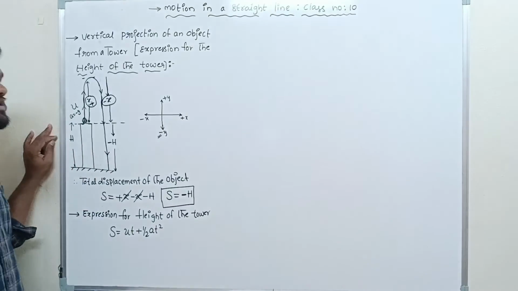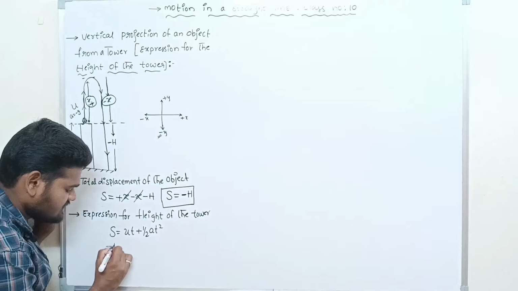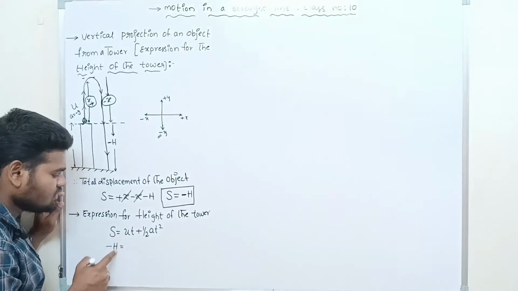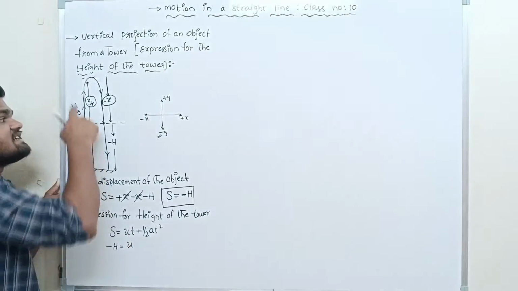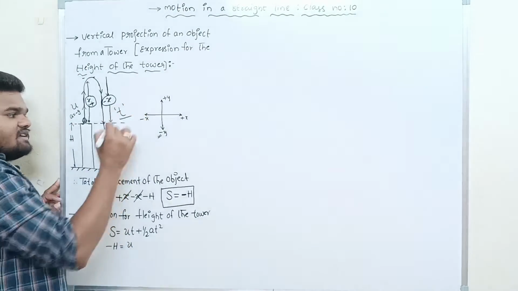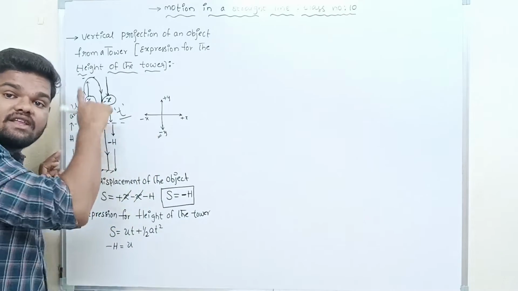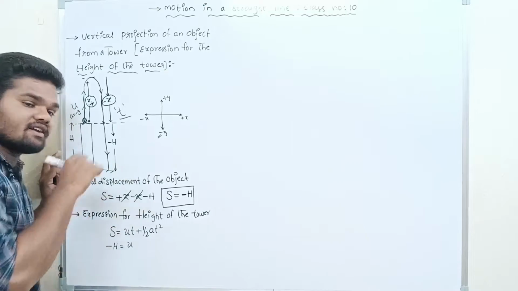So what is the displacement we got? Minus h. This is equals to, what is the initial velocity of the object? U. Let us consider the total time taken by the object to reach the ground. Let us say t. T be the total time taken by the object to reach the ground from certain height h of the tower.